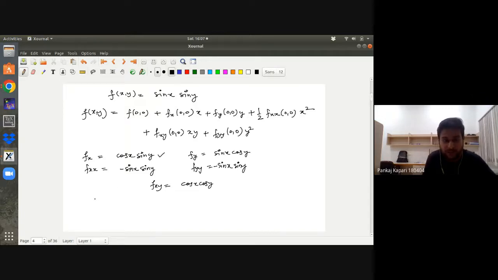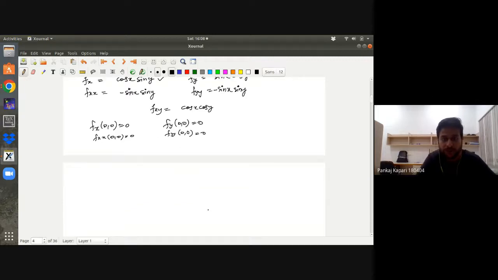That means f_x at origin is 0, f_xx is 0, f_y at origin is 0, and f_yy at origin is also 0. Notice that the only term which survives is f_xy at origin, and that is equal to 1 because cos of 0 is 1.